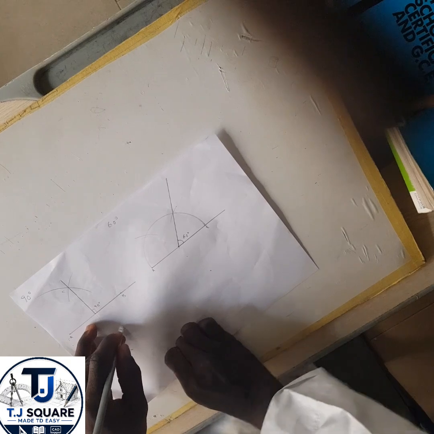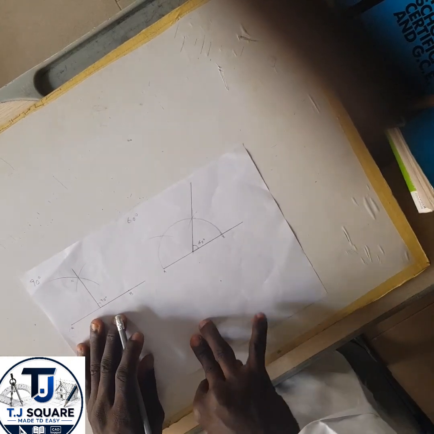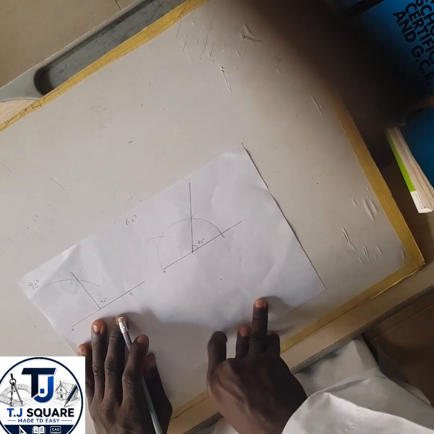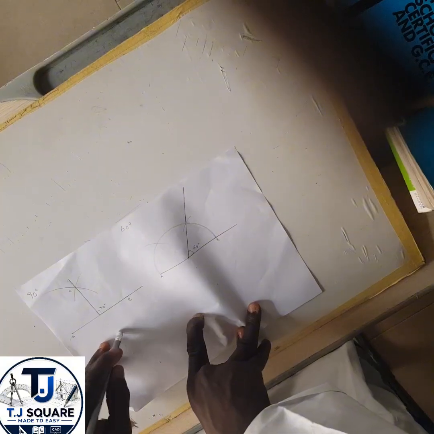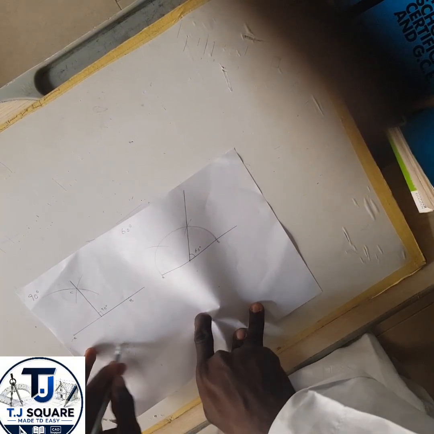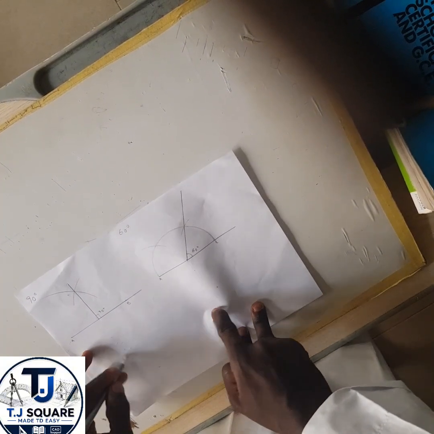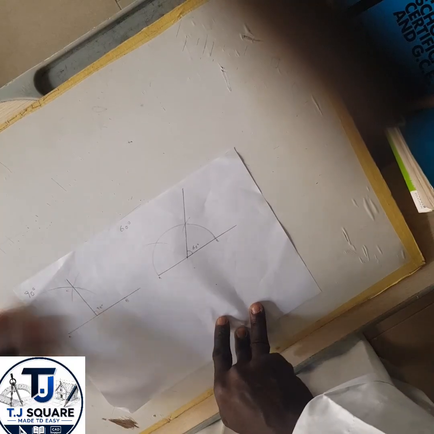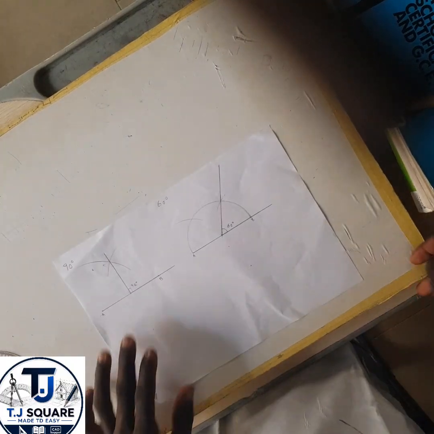So we'll go with what? Angle what? 45 what? Degree.